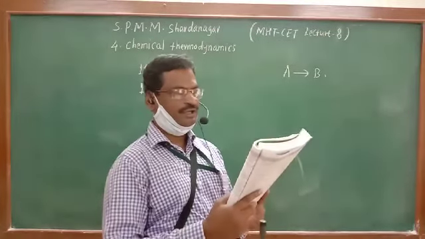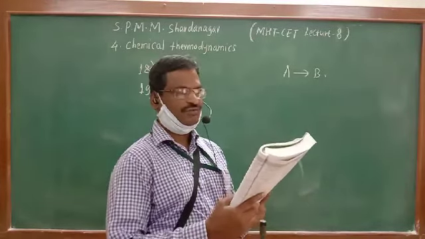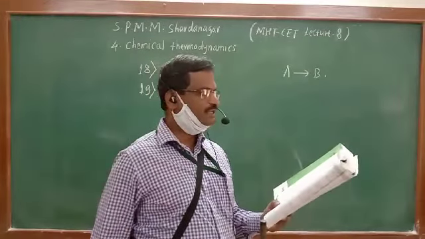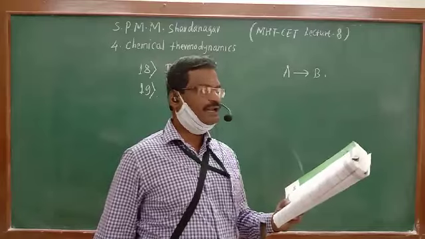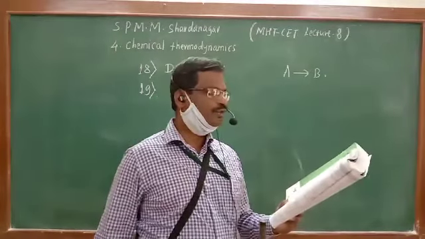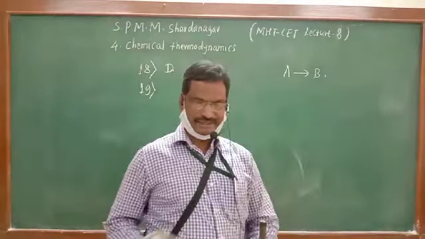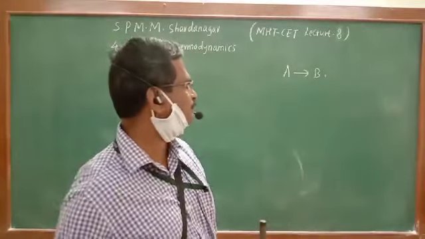Now, if the system goes from A to B by a reversible path and returns to state A by an irreversible path, what would be the net change in internal energy?